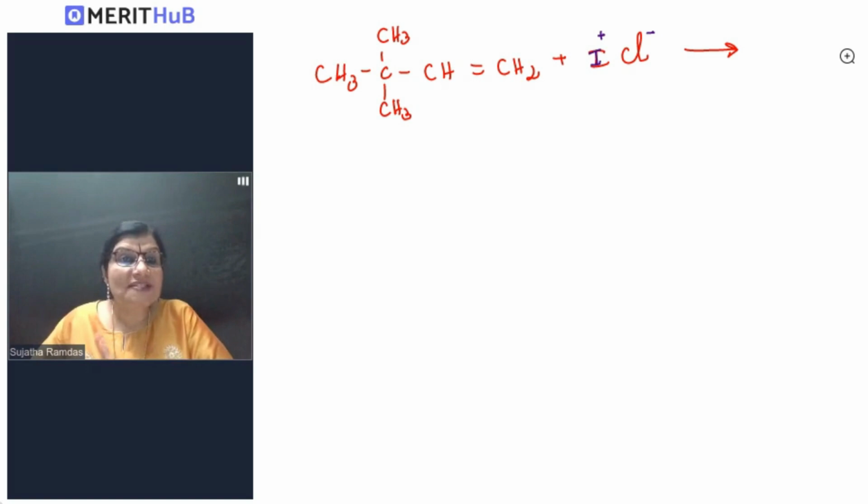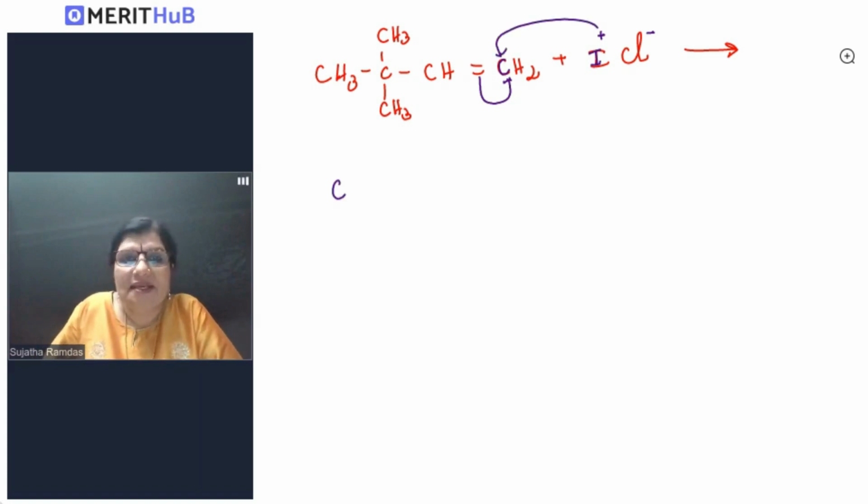And you know the stabilities of the 3 carbocations: primary, secondary, tertiary. We're not involving any other carbocation here. You know that a primary carbocation is the least stable. So let's see what type of a carbocation we get in this reaction. Let's write down the equation wherein the pi bond will shift towards a carbon atom, and the positive iodine gets attached to this carbon atom.